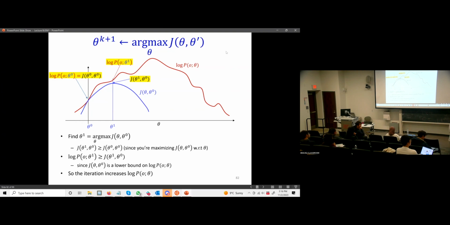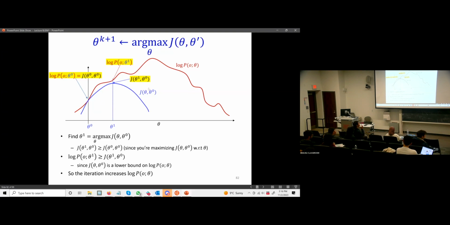But if the peak of J doesn't coincide with the peak of the log function, can that be a case? If the peak of J does not coincide with the log function, then if this is your P at any other point, the J doesn't actually allow you to optimize further, that could happen.